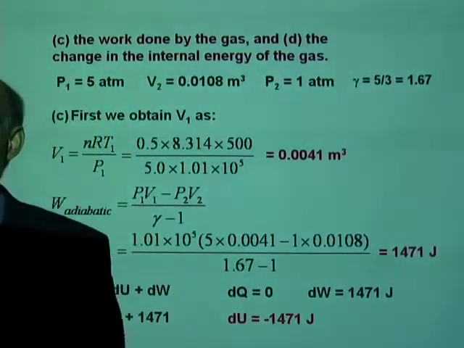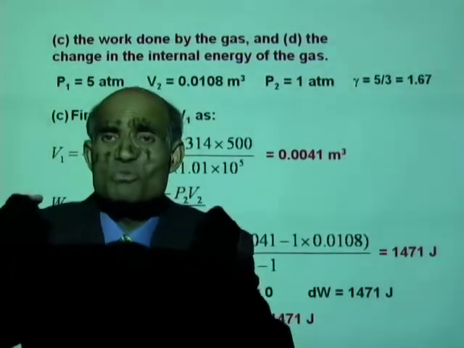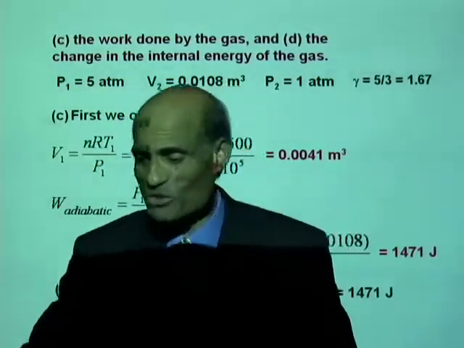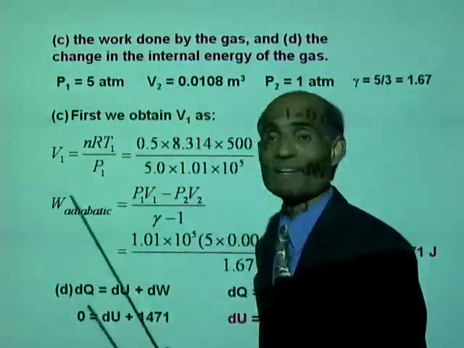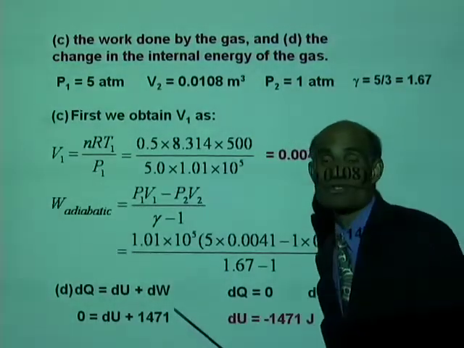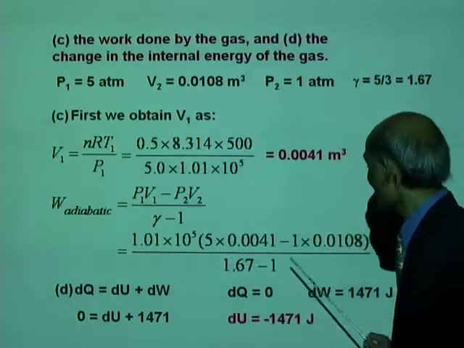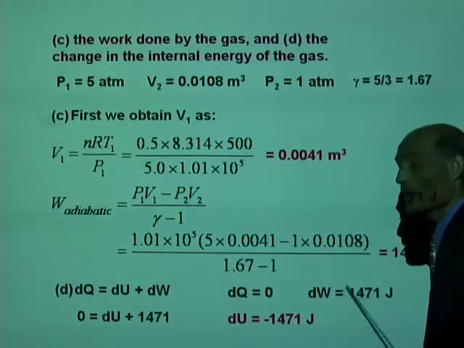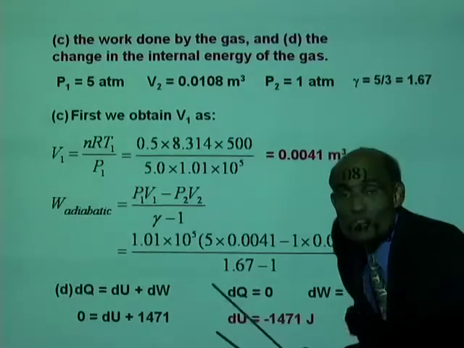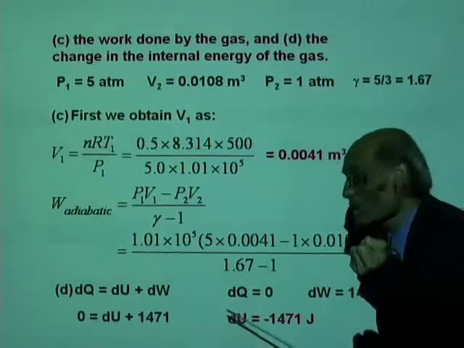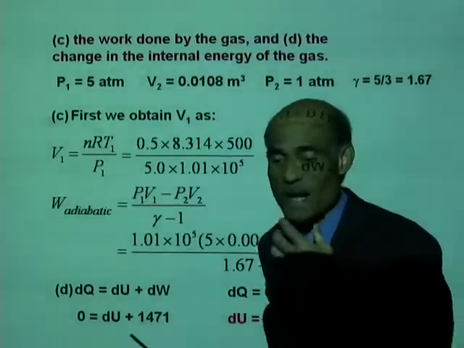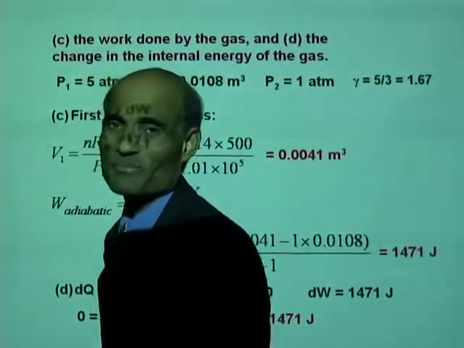It means the energy needed to do this work is taken from the internal energy of the object. That means the internal energy decreased by that much quantity. When the gas did so much work without getting heat from outside, it took energy from the internal energy. Therefore, the internal energy decreased by that much quantity.